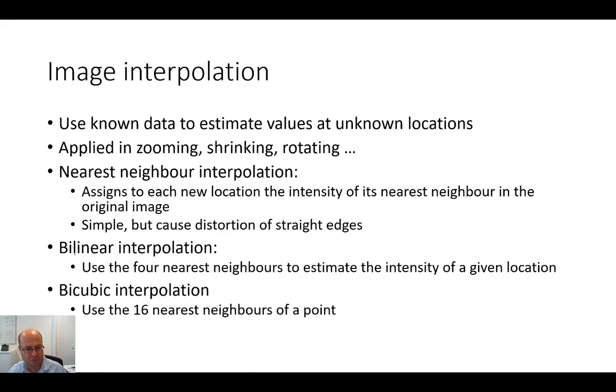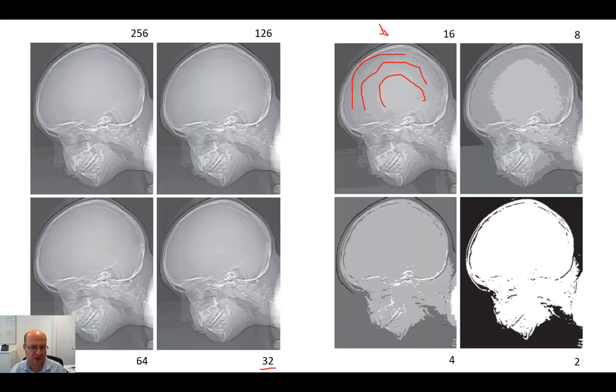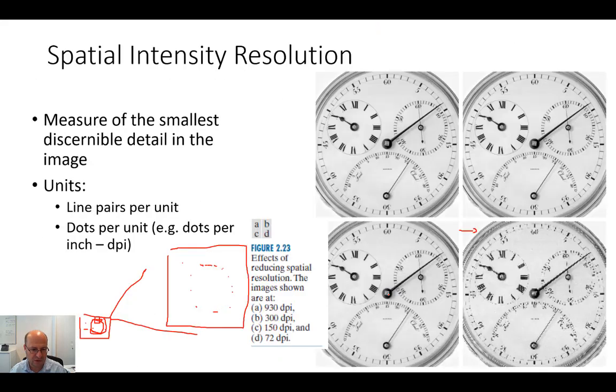Another better method would be to use bilinear interpolation. You use the 4 nearest neighbors to estimate the intensity of the given location. Let's go back to our example. I want to estimate the value of this pixel. So I go to the original image. This pixel would probably be located somewhere here.